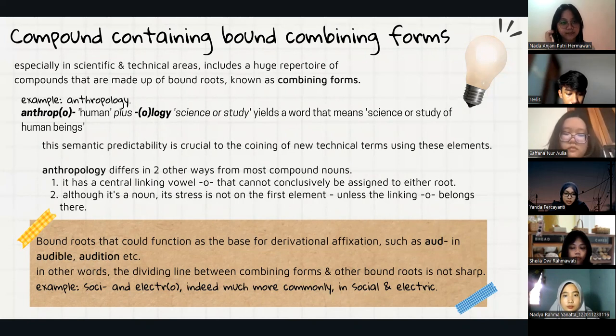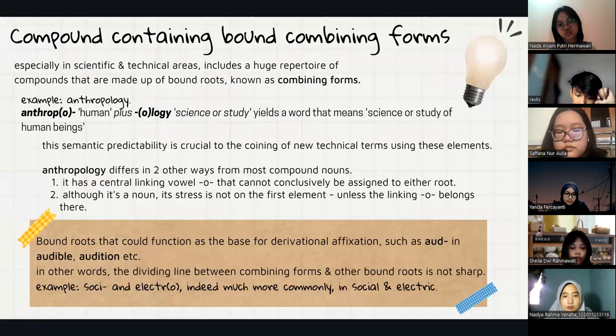We encountered bound roots that could function as a base for derivational affixation, such as audible, audition, etc. So not surprisingly, some combining forms can function in this way too. In other words, the dividing line between combining forms and other bound roots is not sharp.